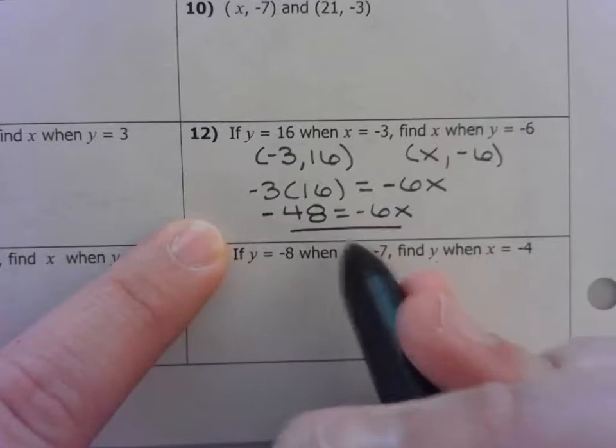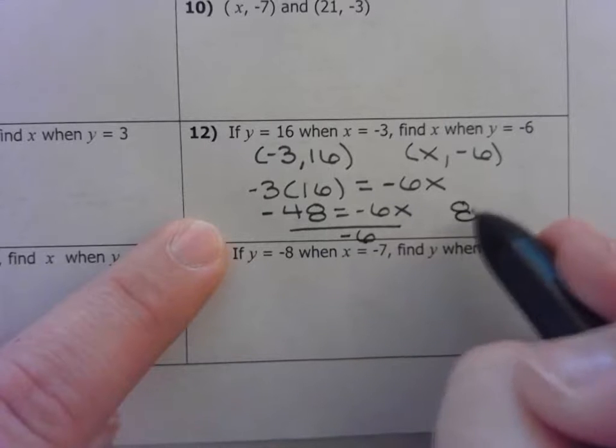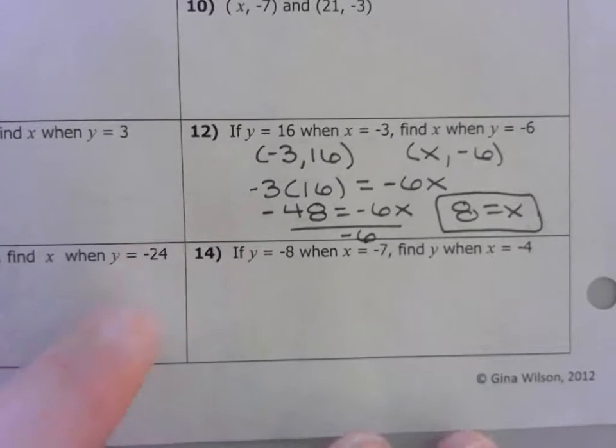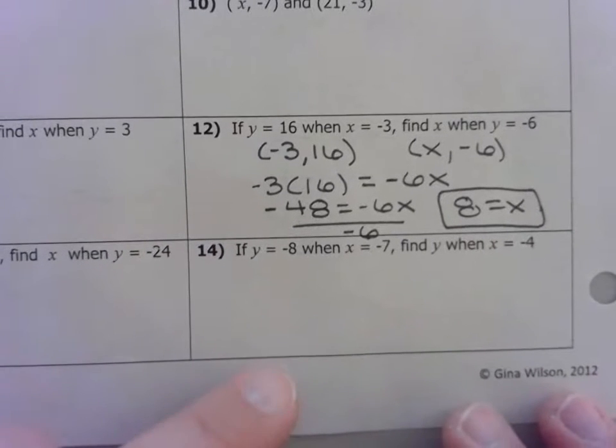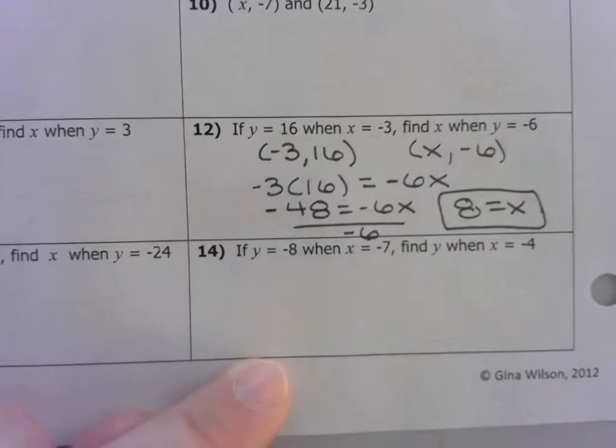Now you have a simple equation. Divide by negative 6: 8 equals x. Negative 48 divided by negative 6 is positive 8. That's what we did: x times y equals x times y.